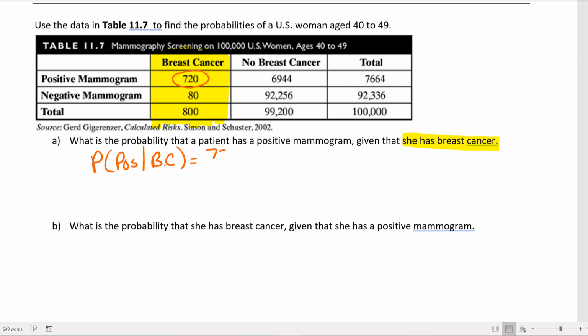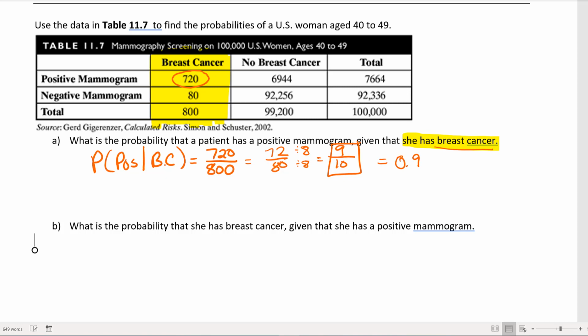We have 720 out of a total of 800 patients with breast cancer. Notice I disregarded the whole rest of the table because I know she has breast cancer, so I can only look at the values in that column. If I divide by 10, that gets me 72 out of 80, and then dividing by 8 gets me 9 out of 10. So the probability that she has a positive mammogram given that she has breast cancer is 9/10, or 0.9, which is very high.